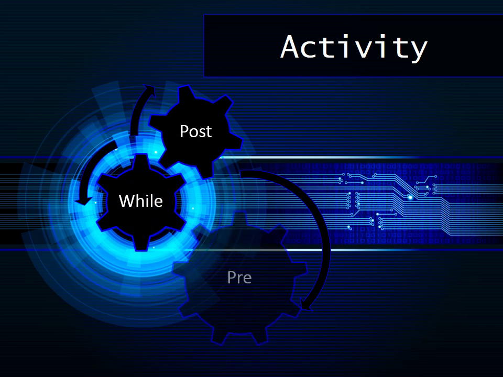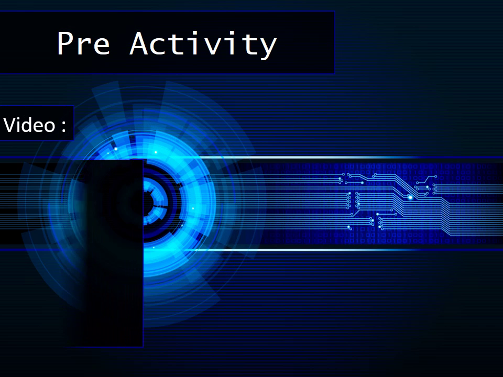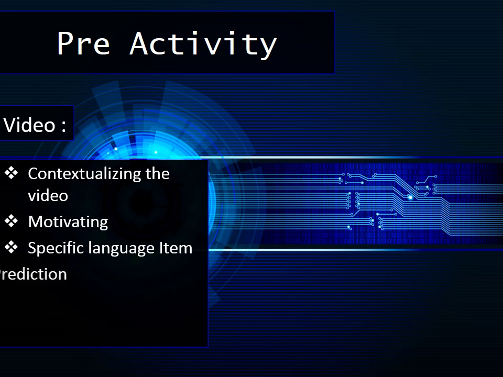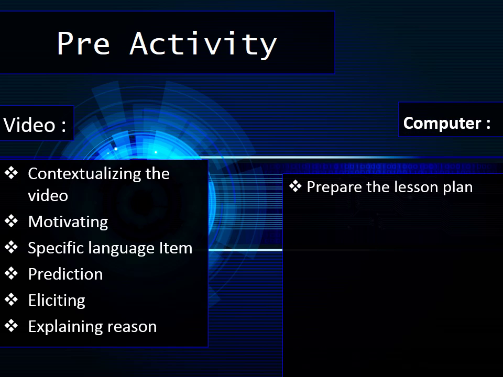In this teaching technology, there are three activities. The first is pre-activity, the second is while activity, and the last is post activity. In the pre-activity, there are two kinds. The first is video, and the second is computer. In video, there are several pre-activities.